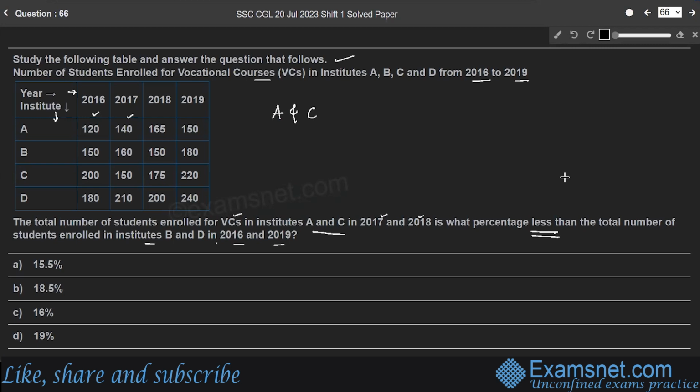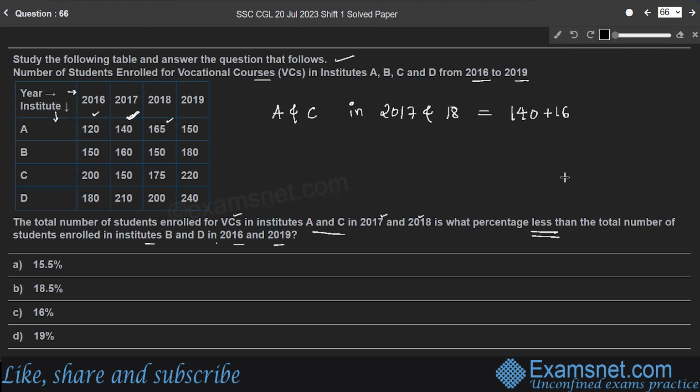So in the years 2017 and 18, the number of students: in Institute A in 2017, there are 140 students enrolled, and in 18, 165 students enrolled.